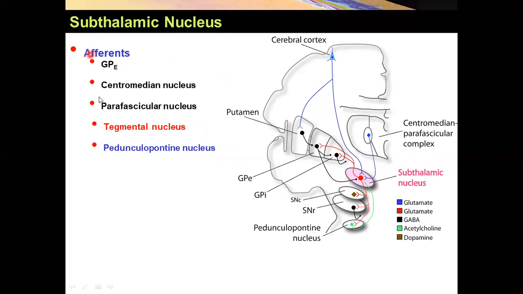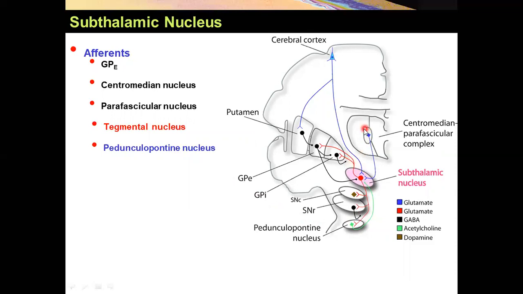Now here we see the afferents to the subthalamic nucleus. So the afferents to the subthalamic nucleus come from the external globus pallidus, from the centromedian nucleus, the parafascicular nucleus, and the tegmental nucleus, pedunculopontine nucleus.